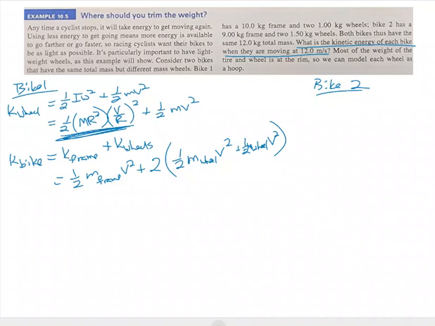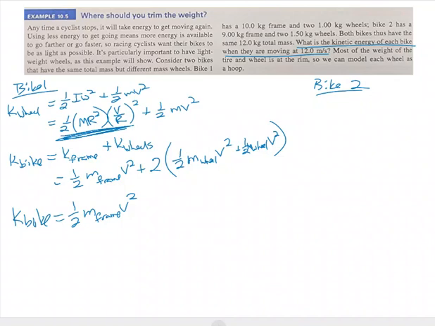Okay, now I'm going to simplify this. So K bike equals, I can't simplify this first term, so I have 1/2 mass of the frame v squared. Now, inside the parentheses, 1/2 mass of the wheel v squared plus 1/2 mass of the wheel v squared is really just mass of the wheel v squared, times 2.